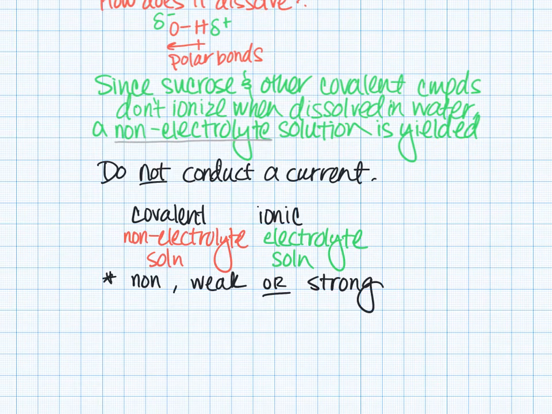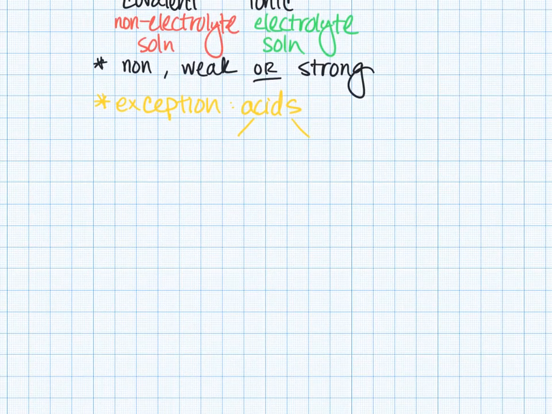Now there is an exception for covalent compounds. The exception is acids. And we will also categorize acids into 2 categories, and that will be strong and weak.